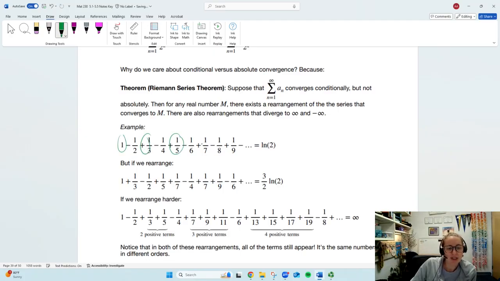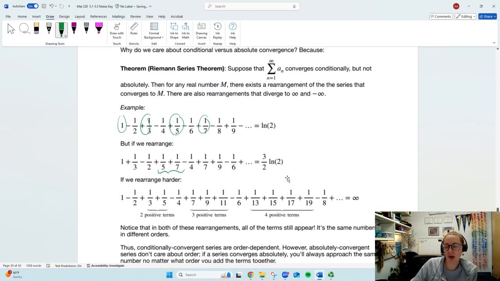And so you can actually see when you rearrange all the positive ones first, you're going to end up adding an infinite number of positive values, and this infinite number of positive values is actually going to diverge. And then you're going to be subtracting, but it already has diverged. It's already gone through infinity.